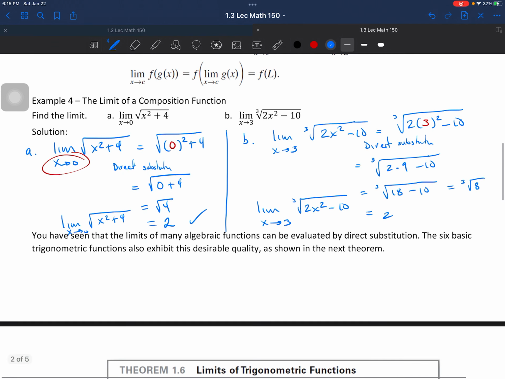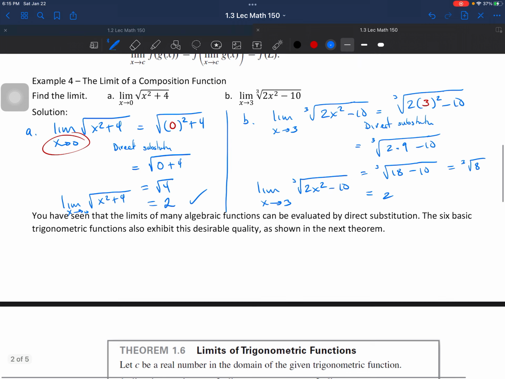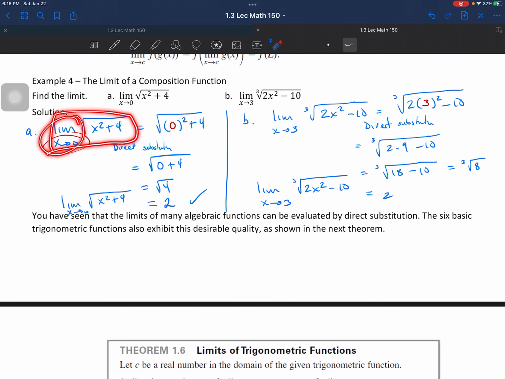Now, since we have done already a few examples like this, I want to point out that, as I mentioned at the beginning of the semester, it's very important that you follow proper notation. So you must write down the limit notation here.